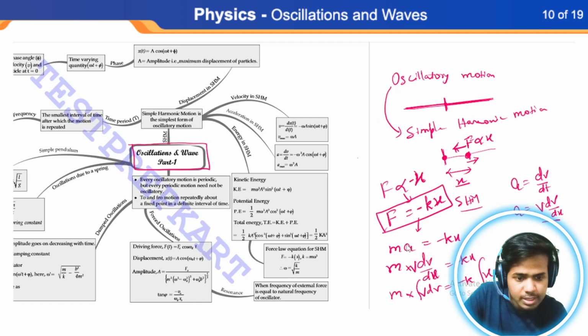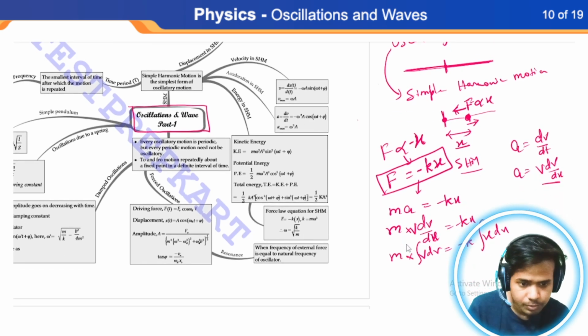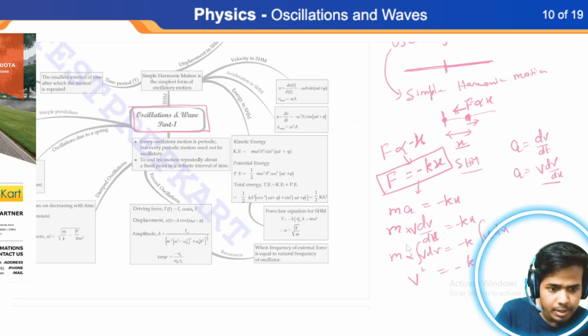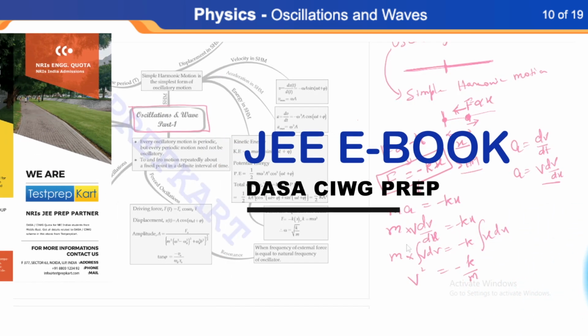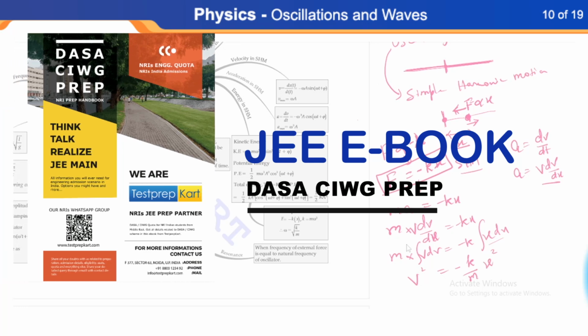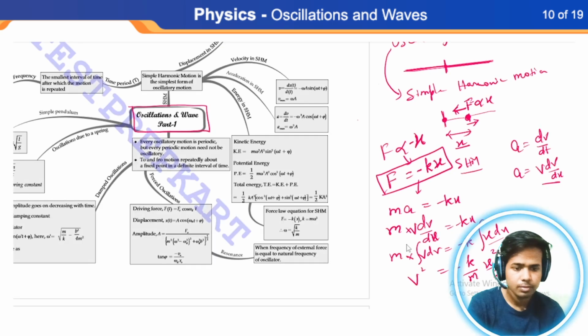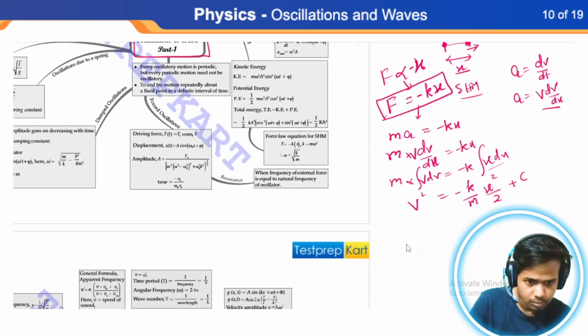Integrating on both sides, we are left with v square is equal to minus k by m times the integration of x, which is x square by 2, plus some constant.